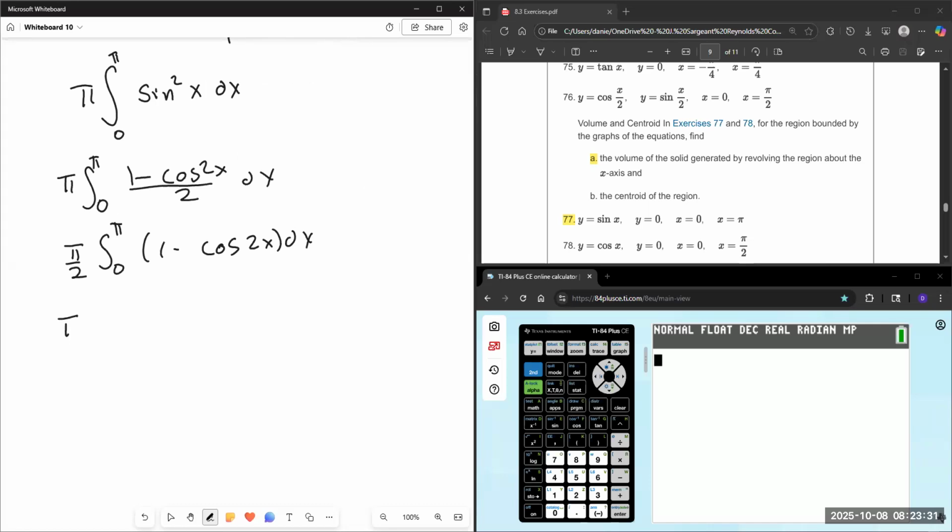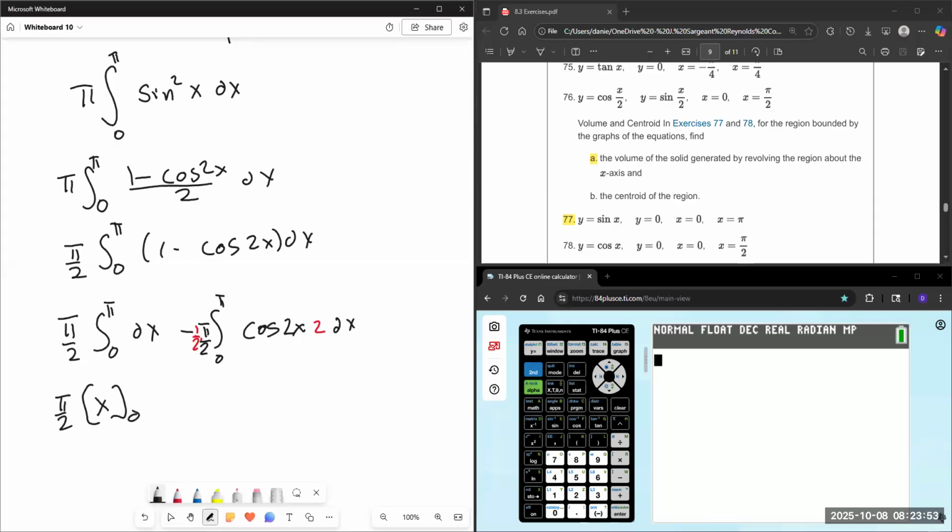This is pi over 2 times the integral from 0 to pi of dx, minus pi over 2 times the integral from 0 to pi of cosine 2x dx. Then that is pi over 2 x from 0 to pi, minus pi over 4 sine 2x from 0 to pi.